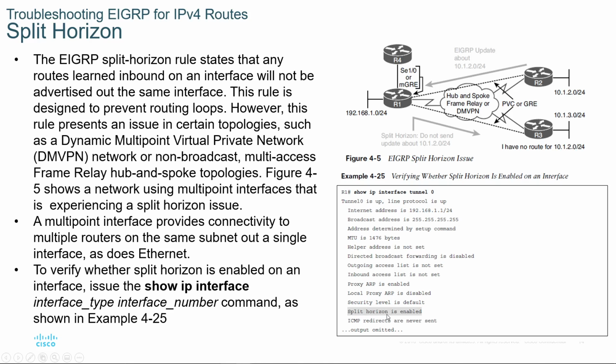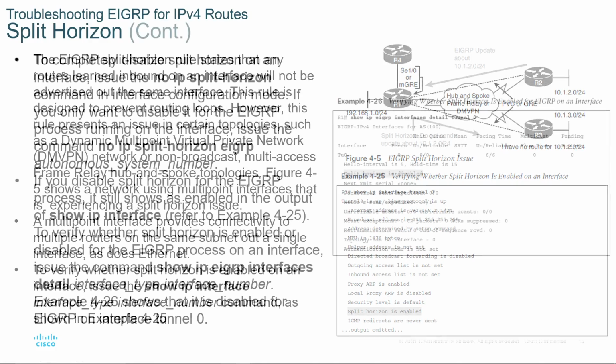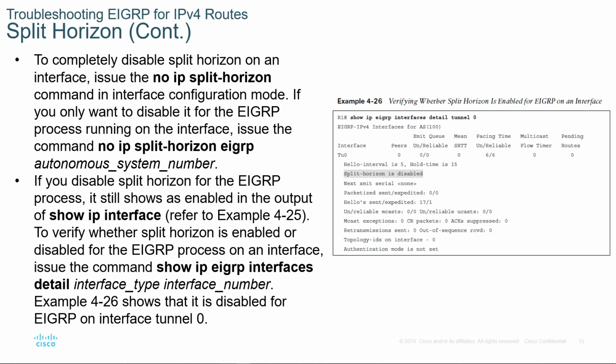So when we're looking at the show IP interface and whichever one, so in this example it's a tunnel interface, we can see that split horizon is enabled, so it's blocking that retransmission of the update through that hub interface.